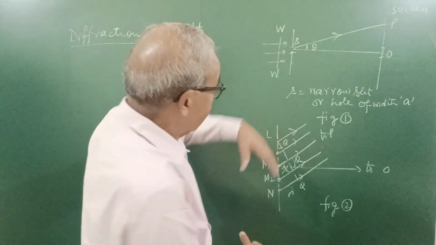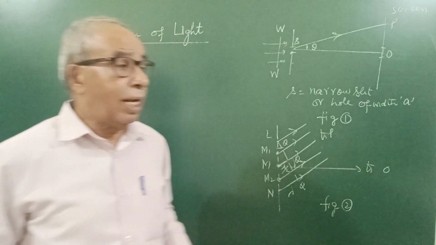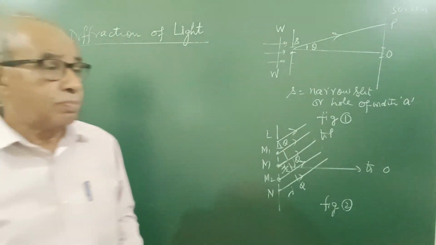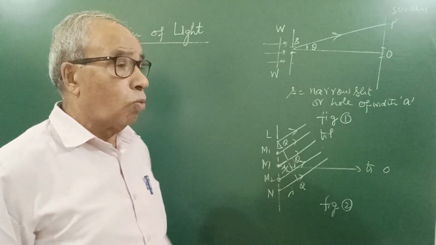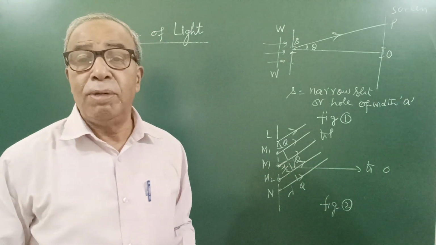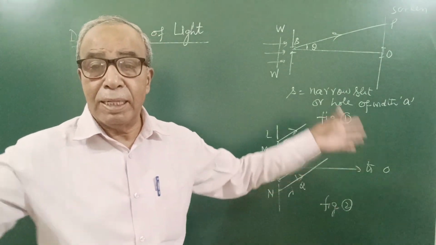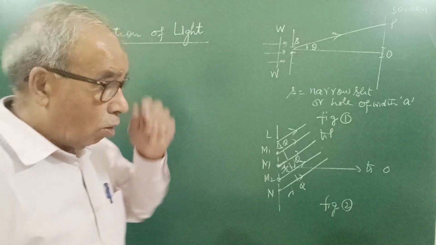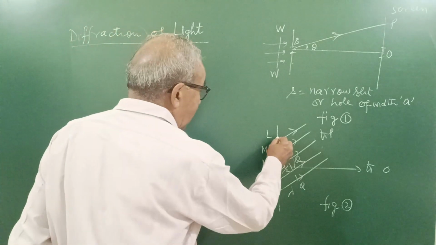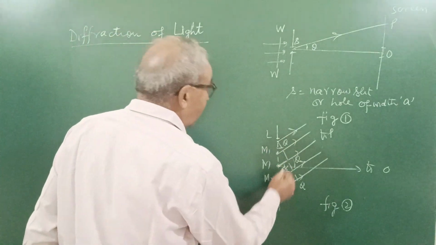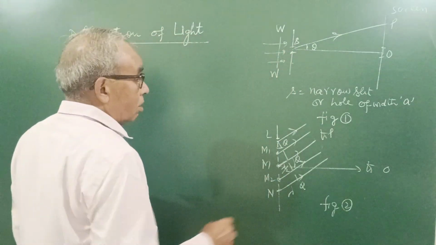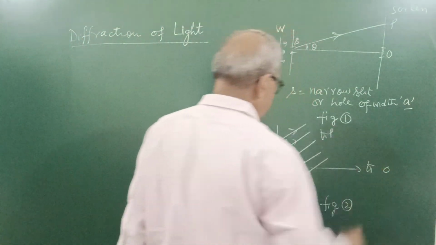The slit is the same, but suppose we have, just like when you see a slide under a microscope, things which are not visible to you become visible. So L and N are the two ends of the same slit. The width of the slit I have taken as a.